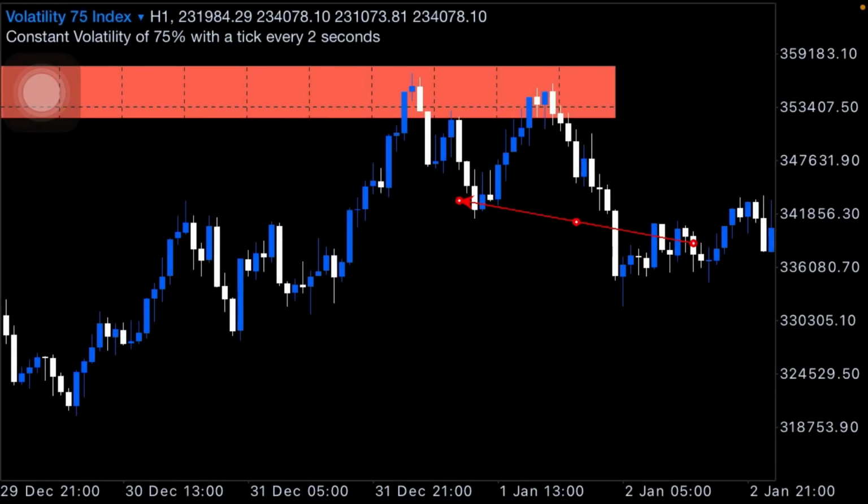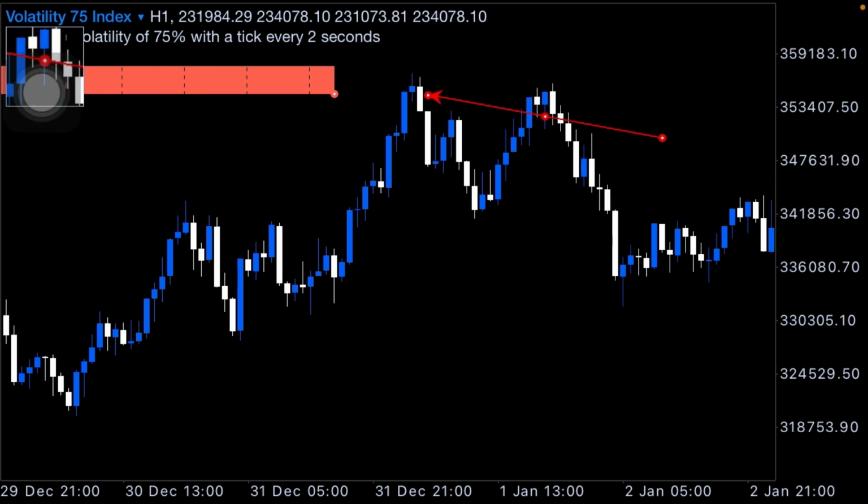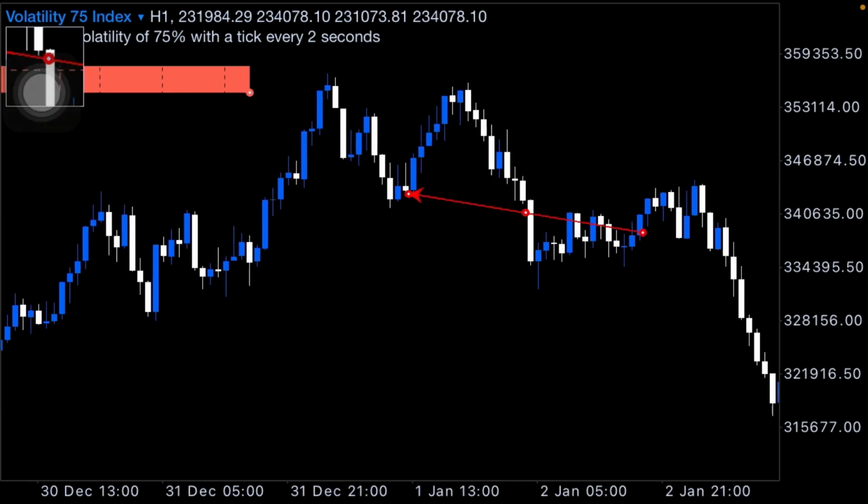Now we have found that right here. Okay, we are seeing that right here. So what we are going to do next is to mark out this leg after determining the candlestick pattern that we are looking for.